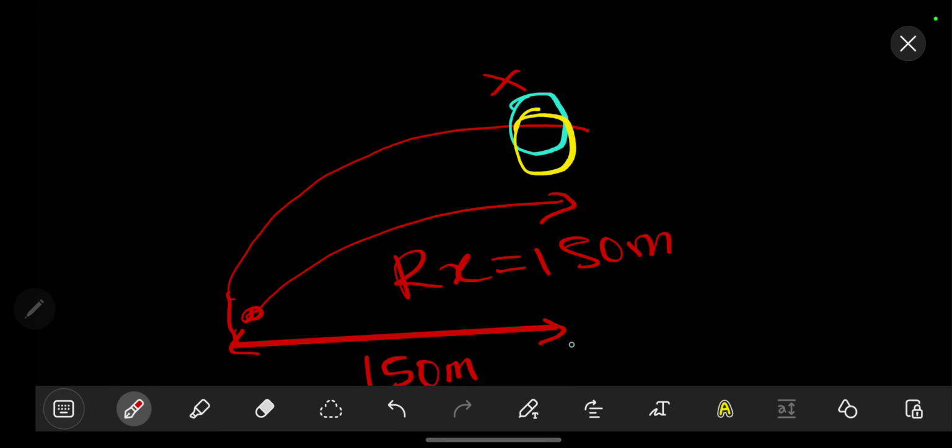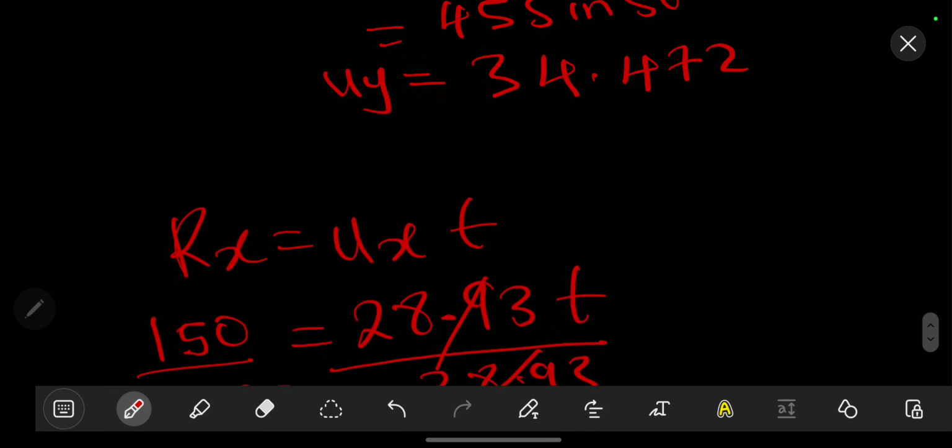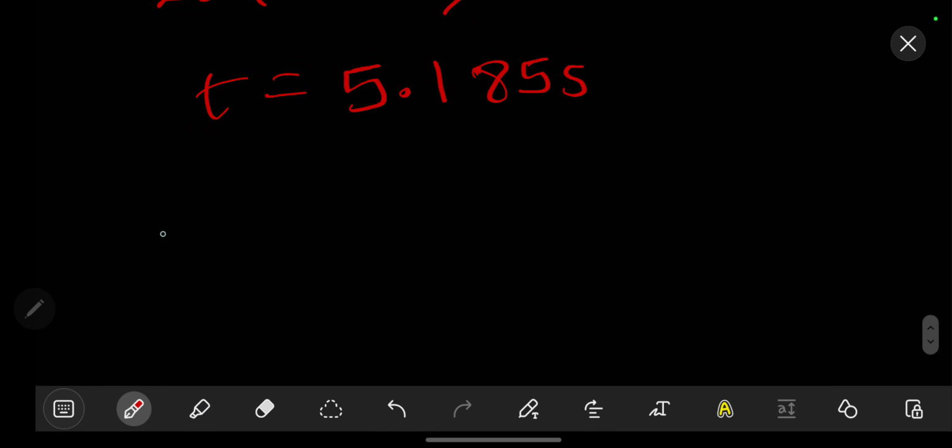Now as you can see, when the arrow reaches that point, the two heights are the same in terms of y. So we need to know how much height the arrow gained in that time. To find out, we are going to say our s should be equal to ut plus half at squared.